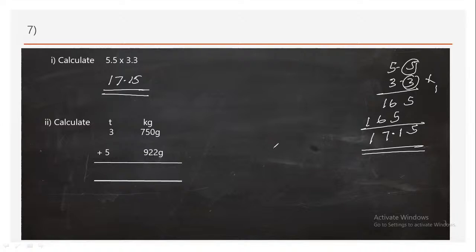Next question. Add these two. 2 and 5 and 2. This is in kilogram. 5 and 2, that is 7. And 7 and 9, 16. Then write the 6 here.